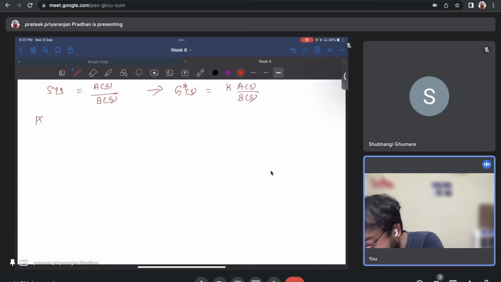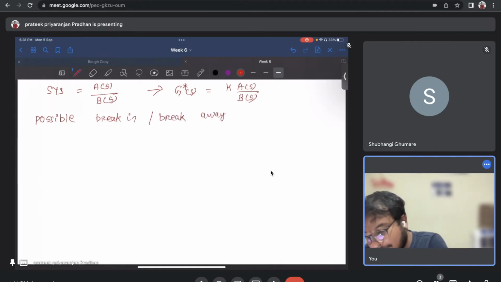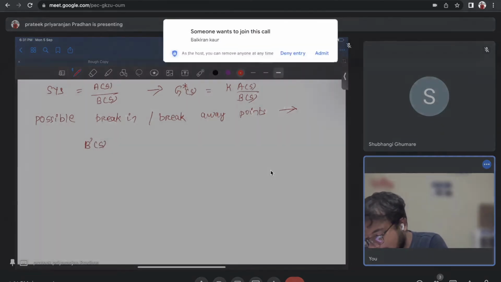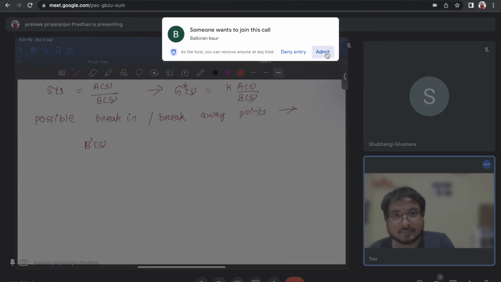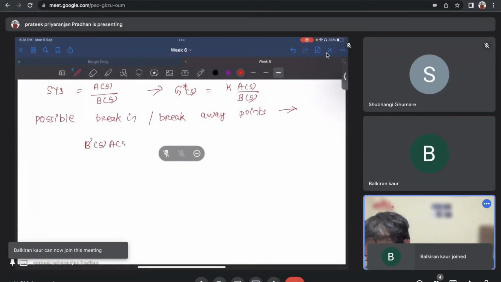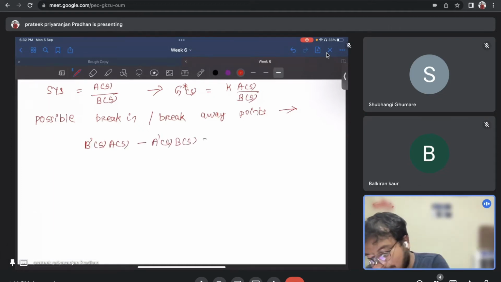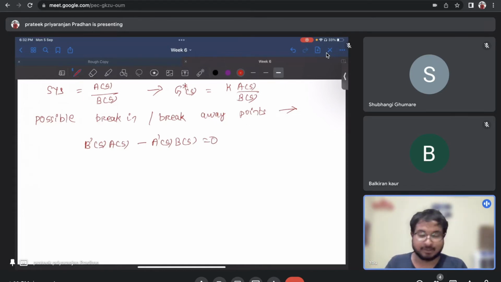So for the possible break-in or breakaway points, the equation is B dash of s into A of s minus A dash of s into B of s is equal to 0. Dash means the derivative, first derivative.